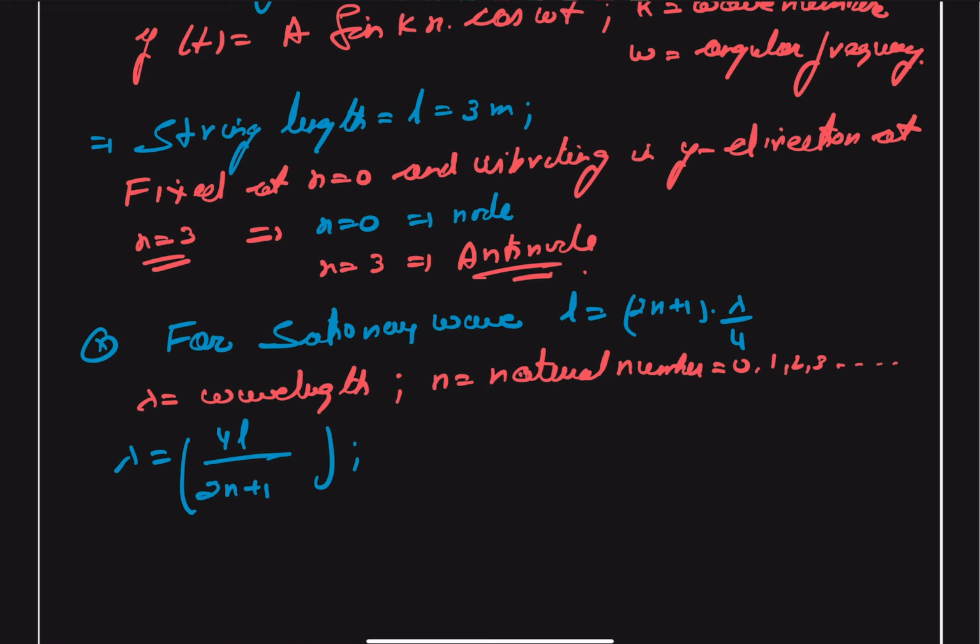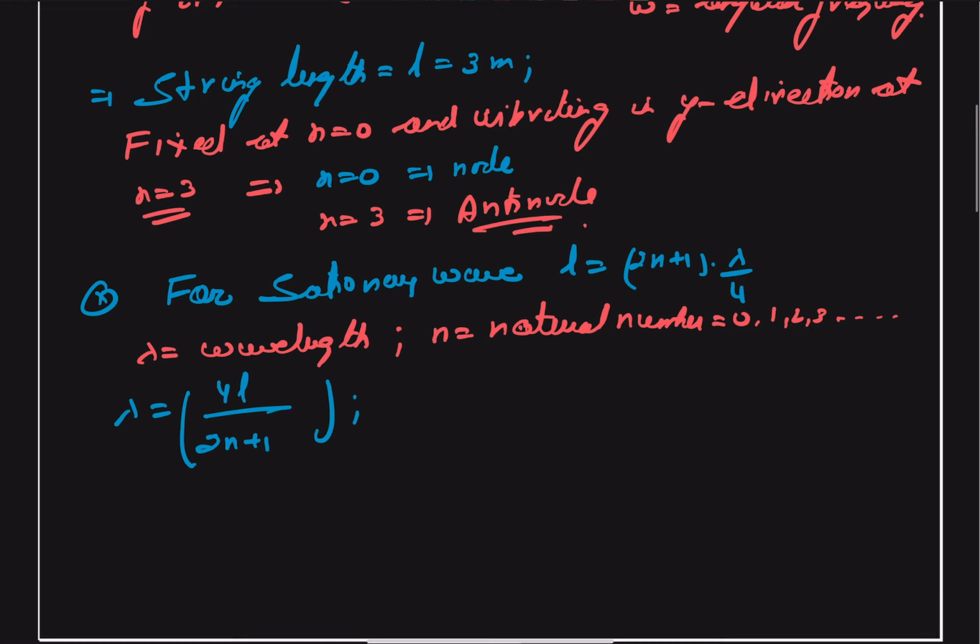And we also know that our wave number k is equal to 2 pi by lambda, and this can be written in form of the length also. So substituting the formula for length, we can write that our wave number k will be pi upon 2L times (2n plus 1).